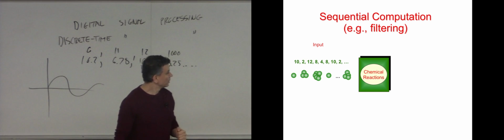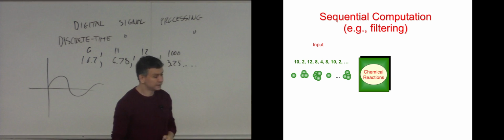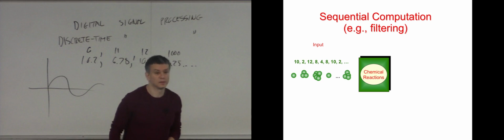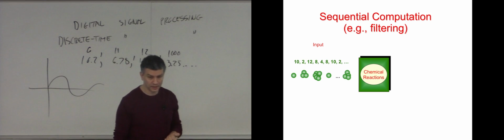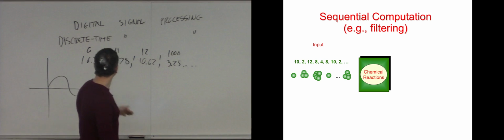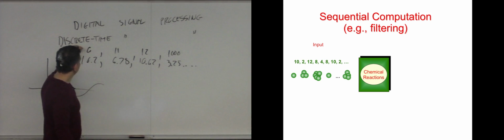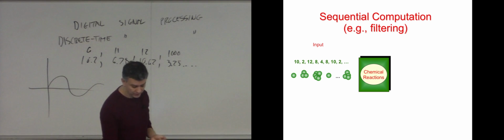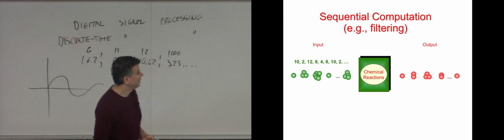But here, what we're going to attempt to do is create a set of chemical reactions that operates on a sequence of values coming in. This will be more like discrete time signal processing in the sense that what we have coming in and going out will be concentrations. But we have integers coming in and integers coming out.